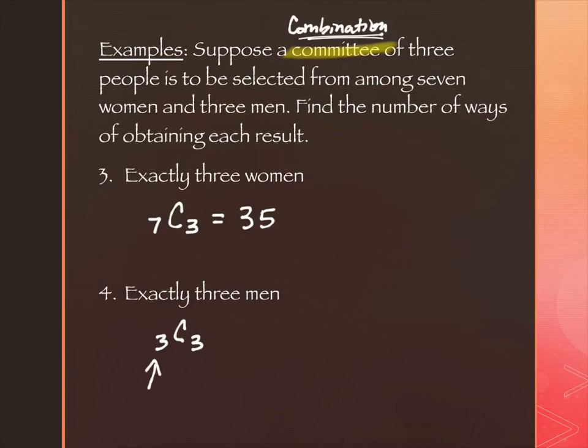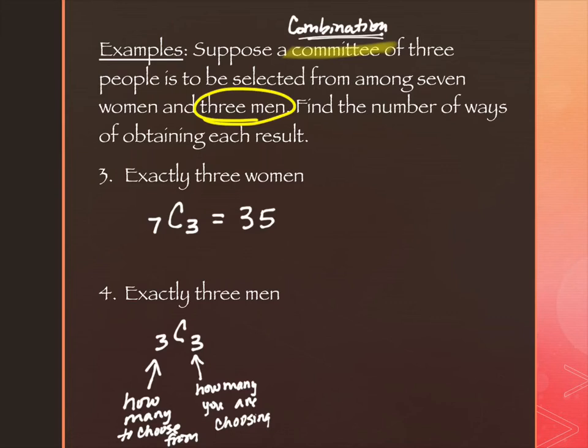The first number tells you how many you can pick from. There's 3 of them. And the second number tells you how many you're choosing. The first 3 comes from where it says there are 3 men. The second 3 comes from up here where it says we're selecting 3 people to be on the committee. Okay?